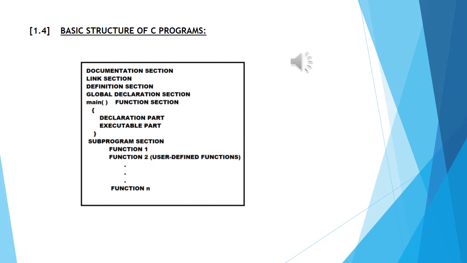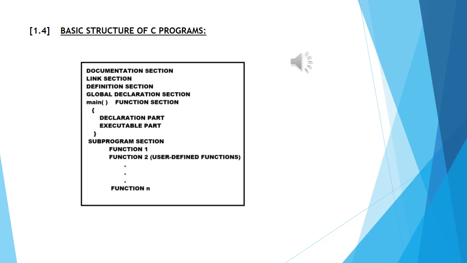For example, we saw in the area of a circle program that whatever variables are required for execution, you need to first declare in the declaration section, like reading the radius. There is at least one statement in the executable part. The program execution begins at the opening brace and ends with the closing brace. All statements in the declaration and executable parts end with a semicolon.